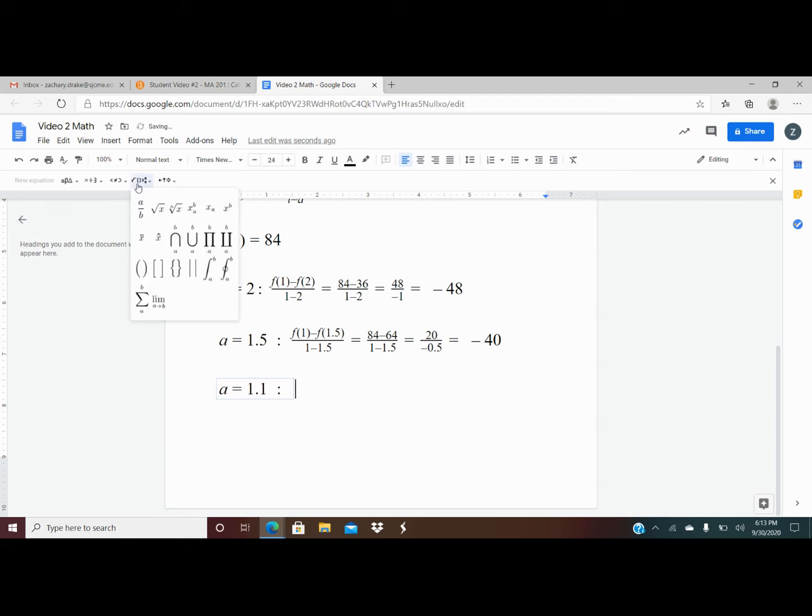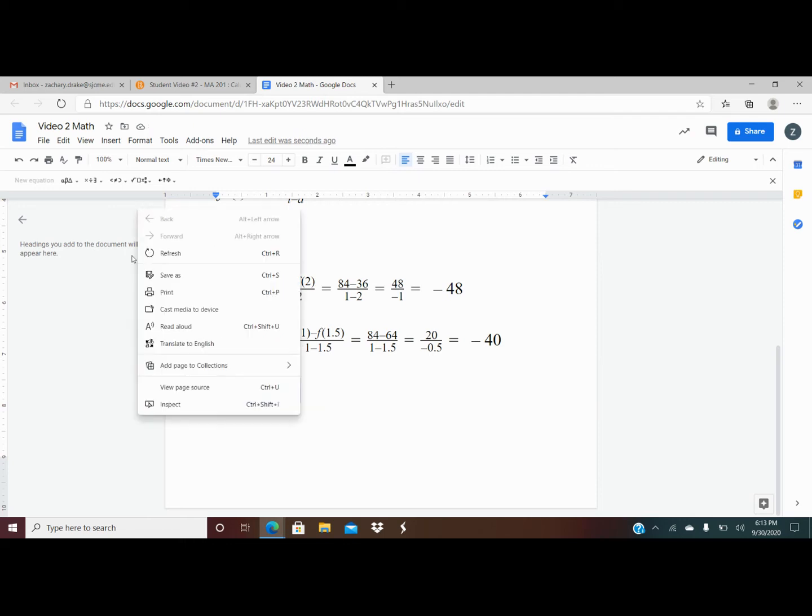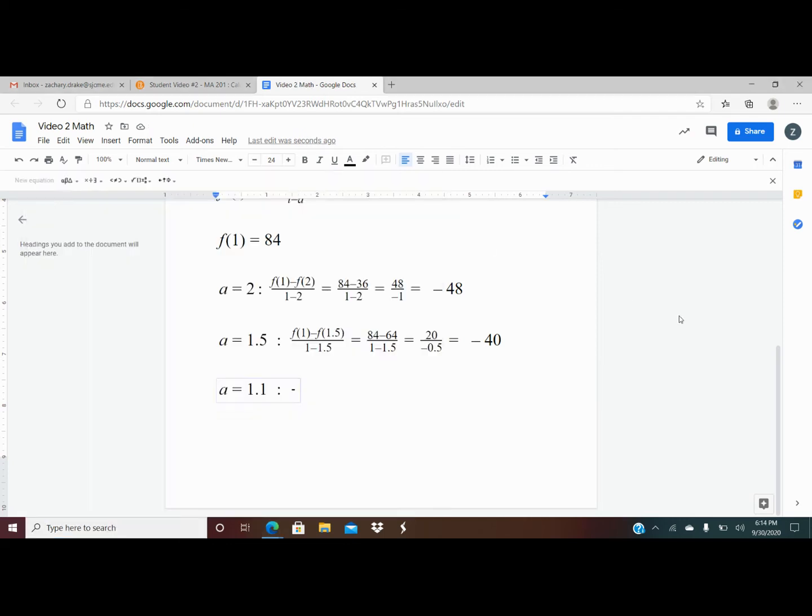Same thing as before: f of 1 minus f of 1.1, all over 1 minus 1.1.